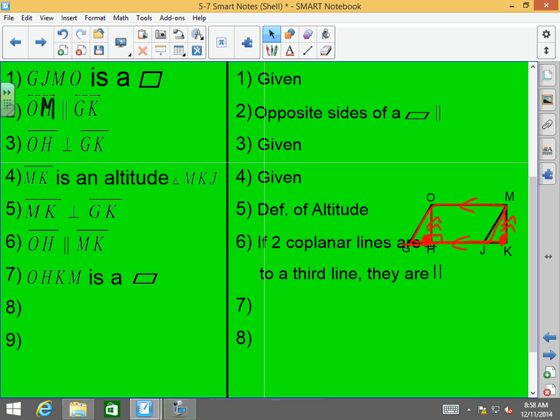From there, now I can say that quadrilateral OHKM is a parallelogram. Definition of parallelogram. We prove that opposite sides are parallel. So that means that OHKM is a parallelogram.